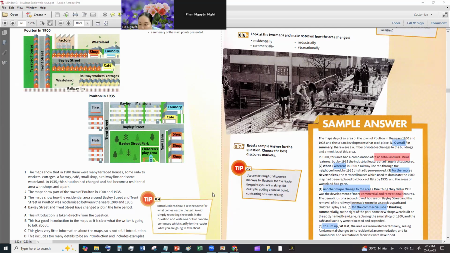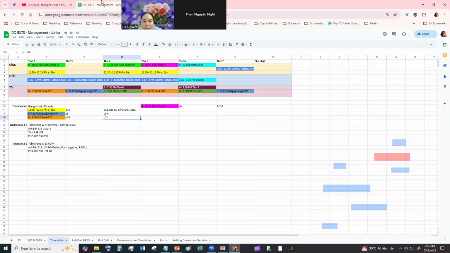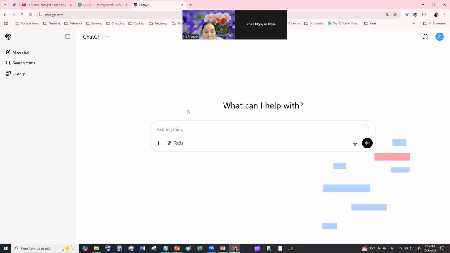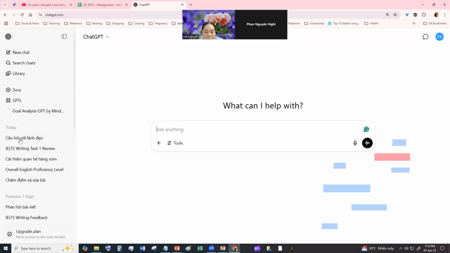However, remember, when you have a question about vocabulary, you can ask your teacher for a quick answer. However, for a more detailed answer, please refer to ChatGPT because it gives you very detailed feedback. Okay, so you should use ChatGPT in your learning to support your learning.